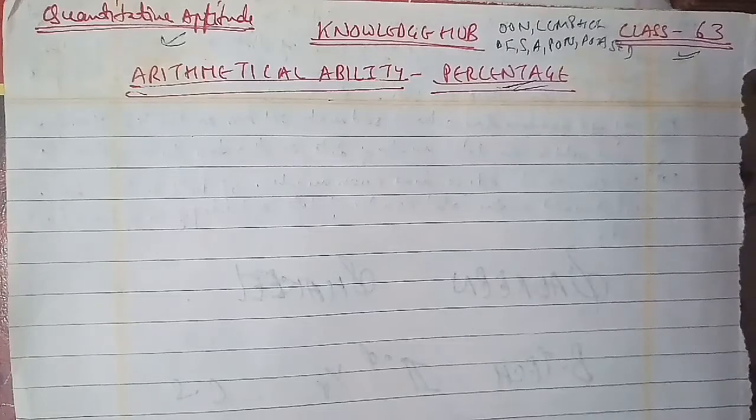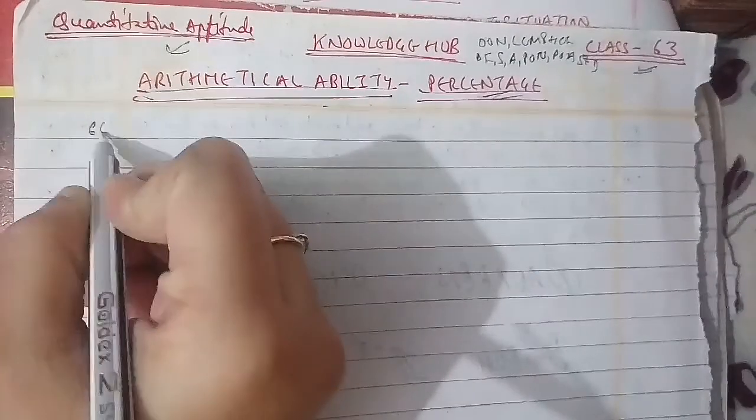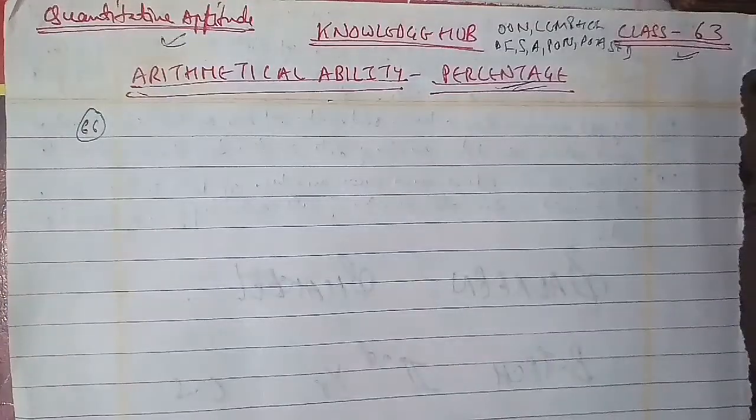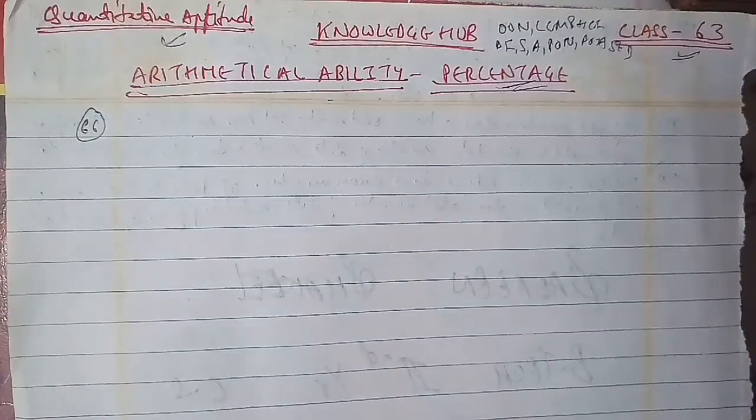In percentage, we had last completed the 65th question of the session. From today we start discussing the 66th question of the session. The question is as follows: a housewife saved rupees 2.50 in buying an item on sale.